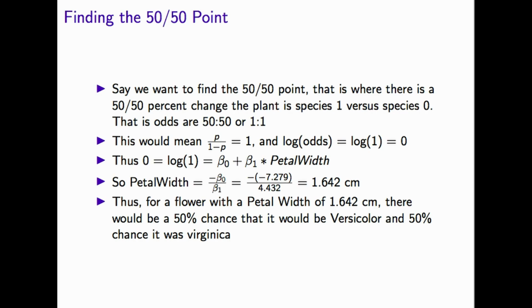And with the data we have, we would get negative 7.279 over 4.432, negative, because the negative times negative is a positive, and it would yield 1.642 centimeters. So if we found a flower with a petal width of 1.642 centimeters, there would be a 50% chance that it would be versicolor and 50% chance it would be virginica.